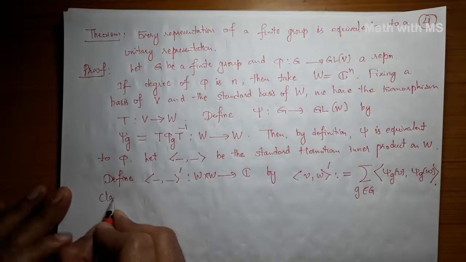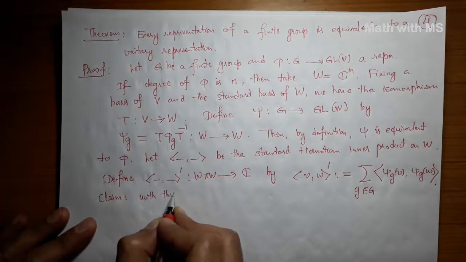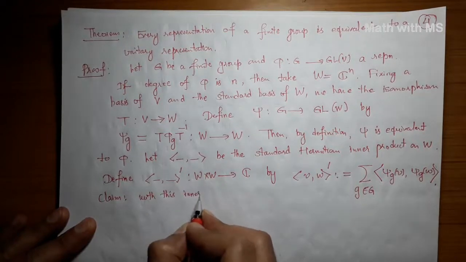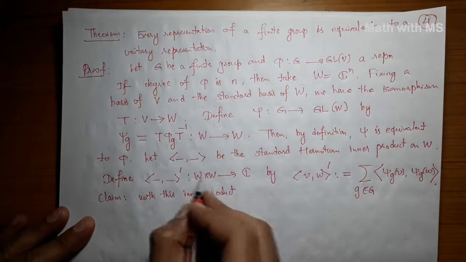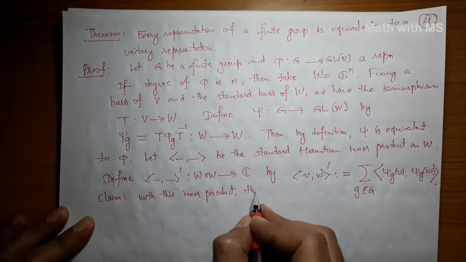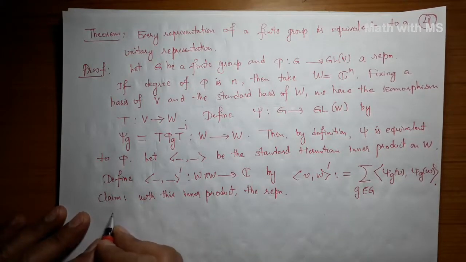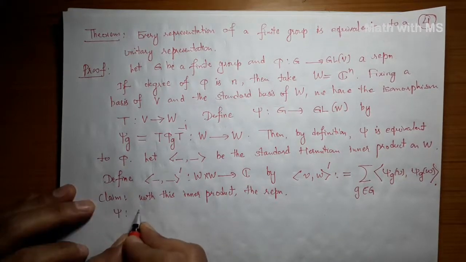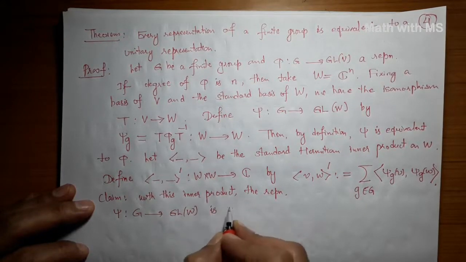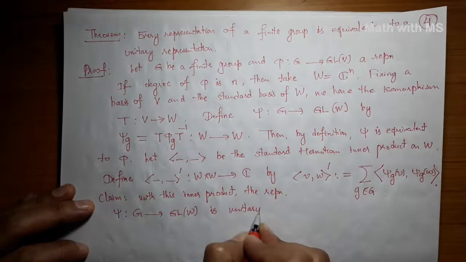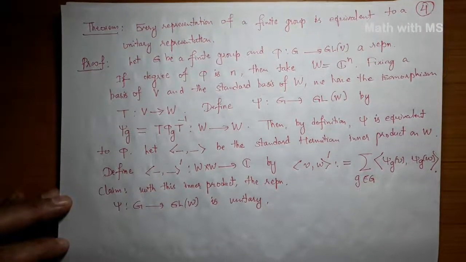My claim is that with this new inner product, prime, the representation ψ from G to GL(W) is unitary.